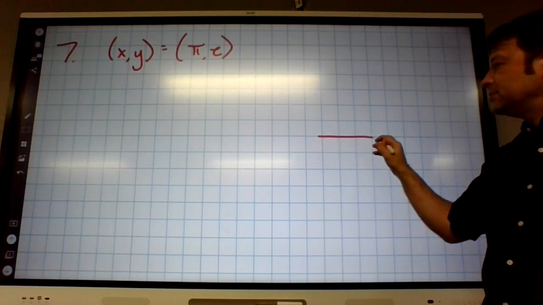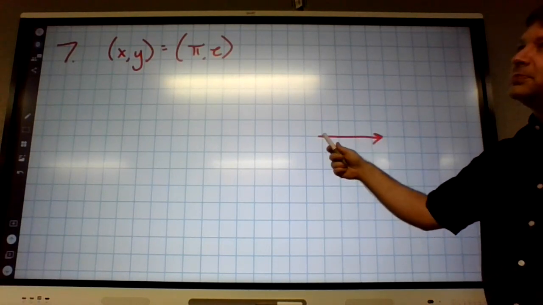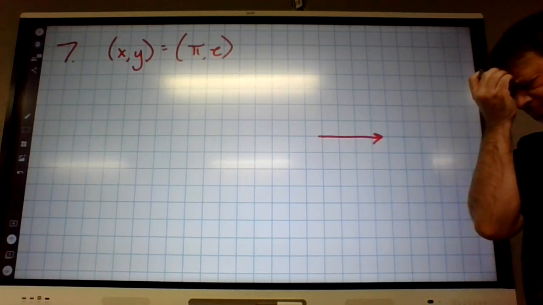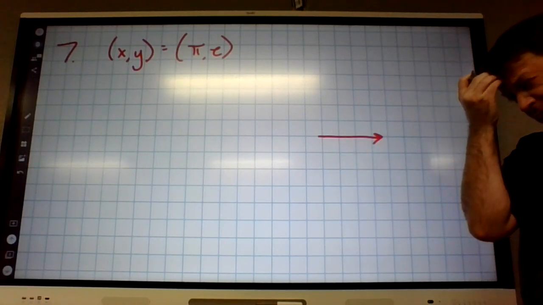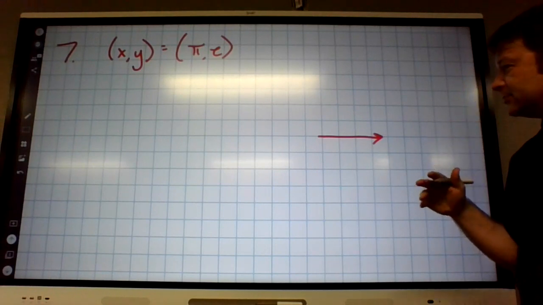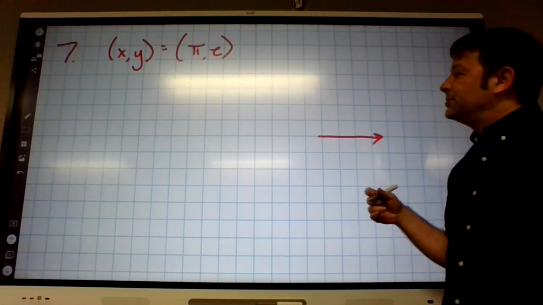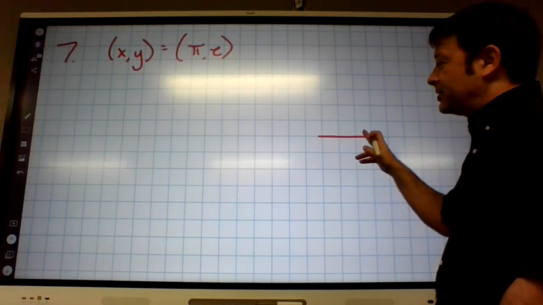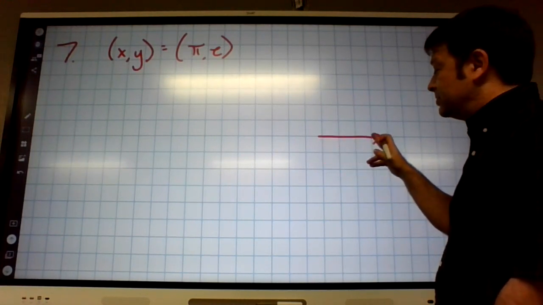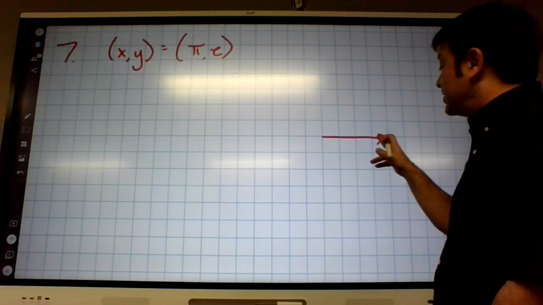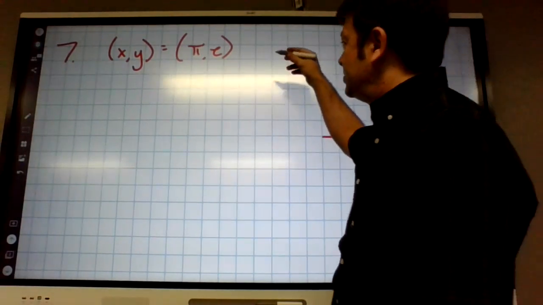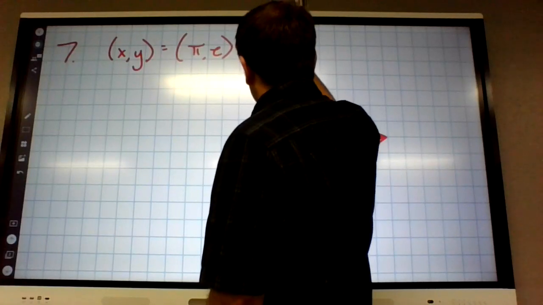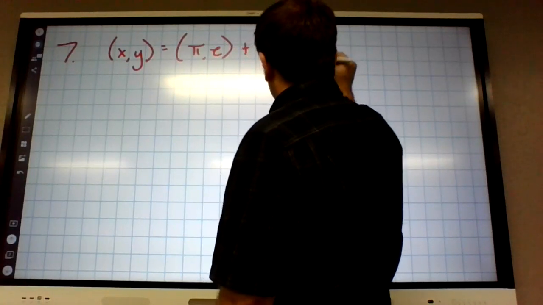What could this vector be? 2, 0 or something. Could be 2, 0, yeah. They just use something in the x direction but nothing in the y direction, right? So this one looks like it's about 4, 0. But they just use 1, 0 as a basic 1 to the right, 0 up.